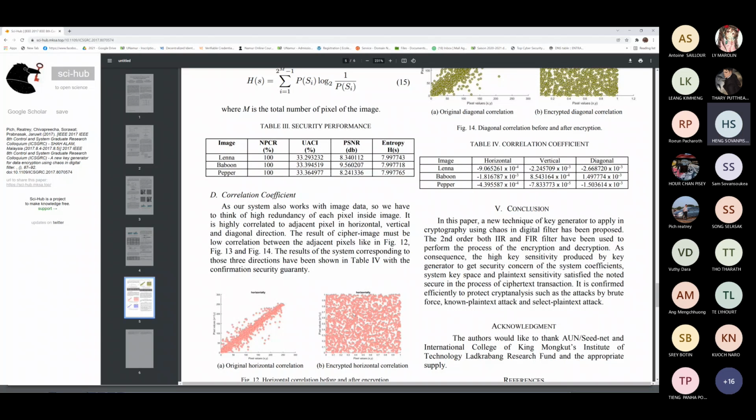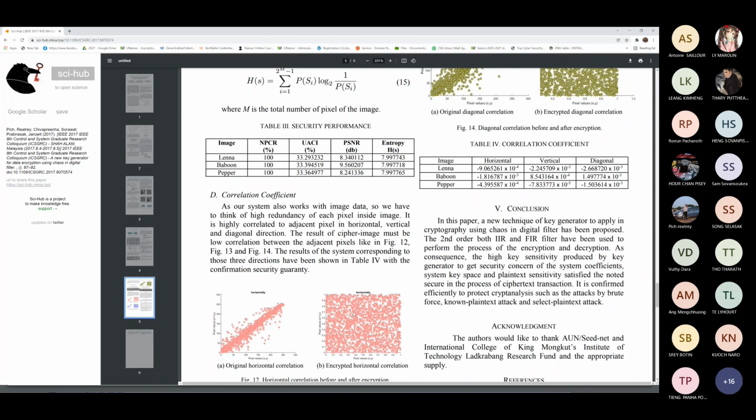For analysis, analyze means that when you do something, you get the result and you try to analyze whether your system is good or not, qualified enough or not. In terms of cryptography, this is only one point.